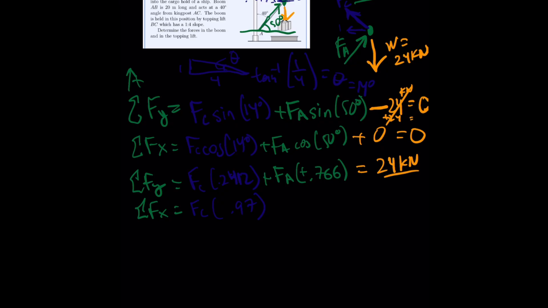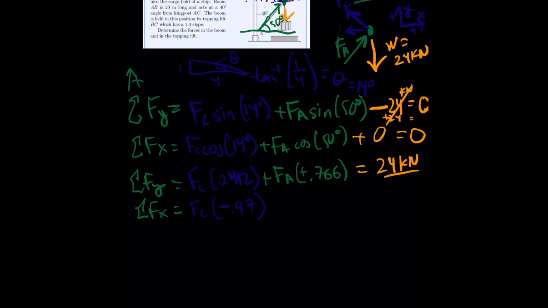It's going opposite of our convention for the x direction: if something is going up in the y, it's positive, and going up to the right in the x direction is positive. But if it's going the other way, then it becomes negative. So that's why we write negative here.